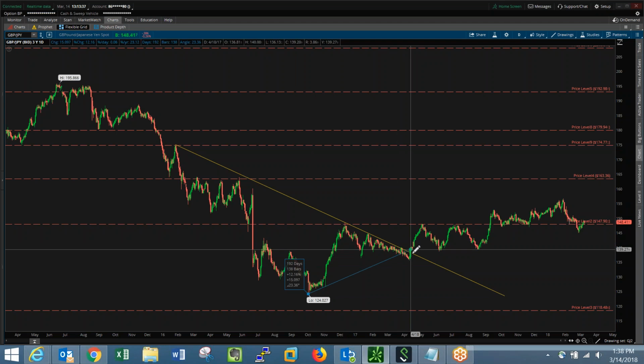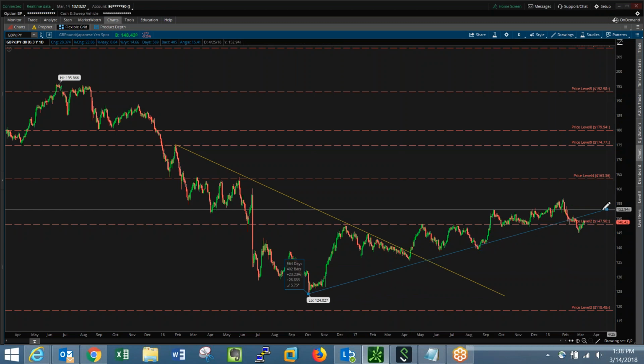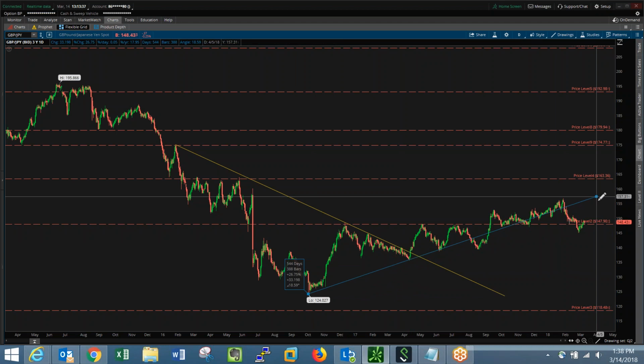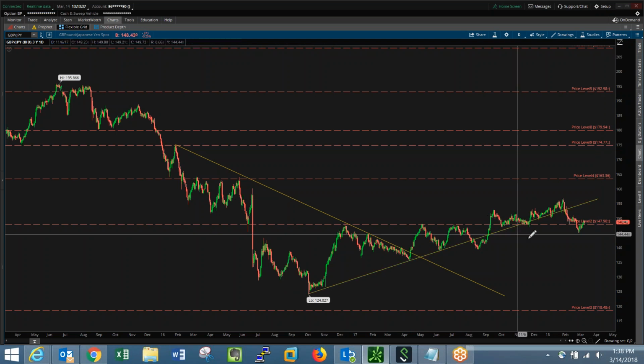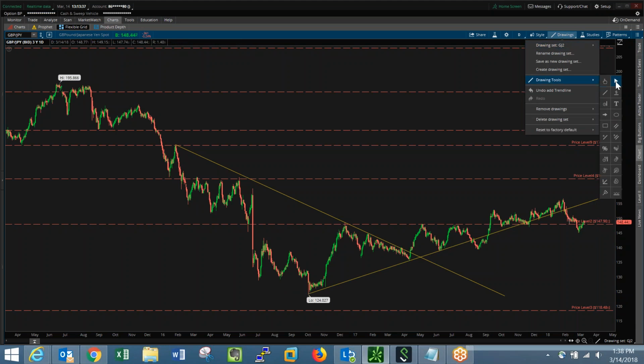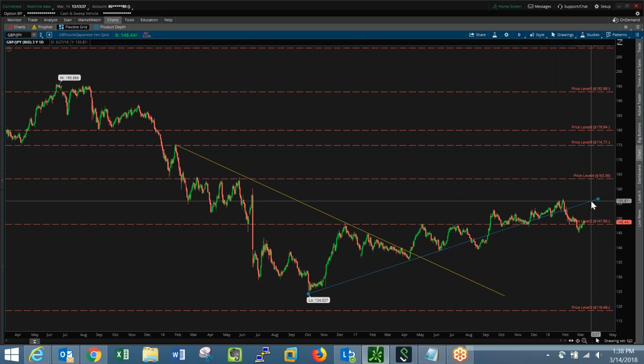Find our low here, and let's see that this would work, but recently it's been kind of slashed through, so that's not something that I necessarily want to leave there. So I'll take that away.